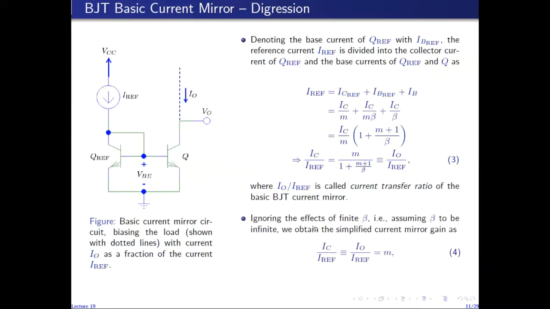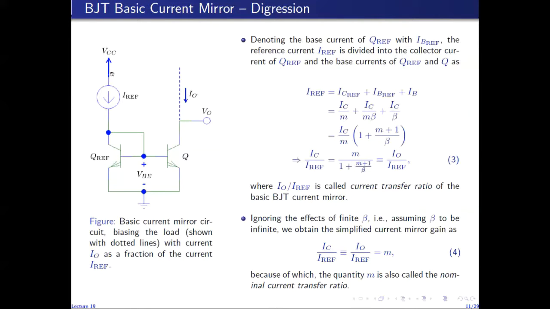We can further simplify this expression under the assumption that beta is infinity. Although beta is not infinity, if we ignore the effects of finite beta, which is equivalent to saying that we assume alpha to be 1, which is not a very bad assumption, then the ratio of I naught over IREF simply becomes equal to M. That is, the current copied into this branch containing Q is M times IREF.